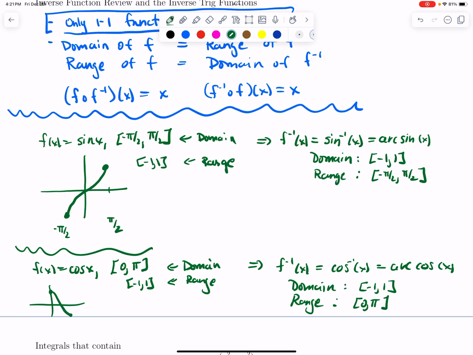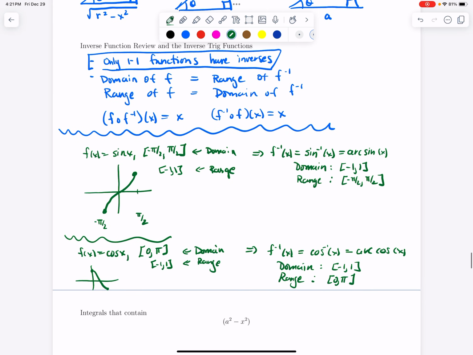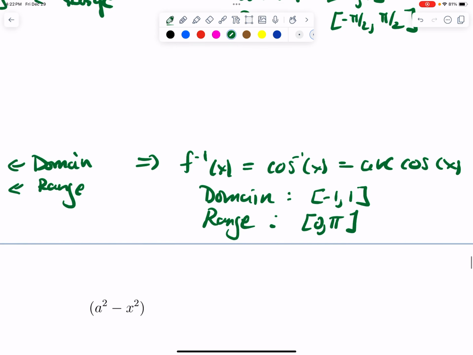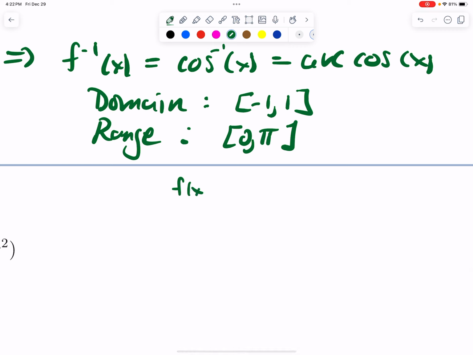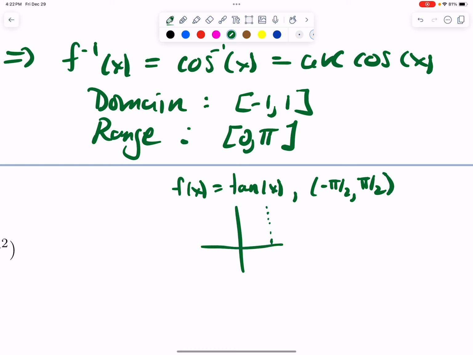And lastly, we're not going to have room for that, but I'll do it on the side here. If we want to talk about tangent of x, that also is not one-to-one unless we restrict the domain, and the standard restriction is negative pi over 2 to pi over 2, but not including the endpoints because those are asymptotes for tangent, right? It's undefined there. It's where cosine is 0.